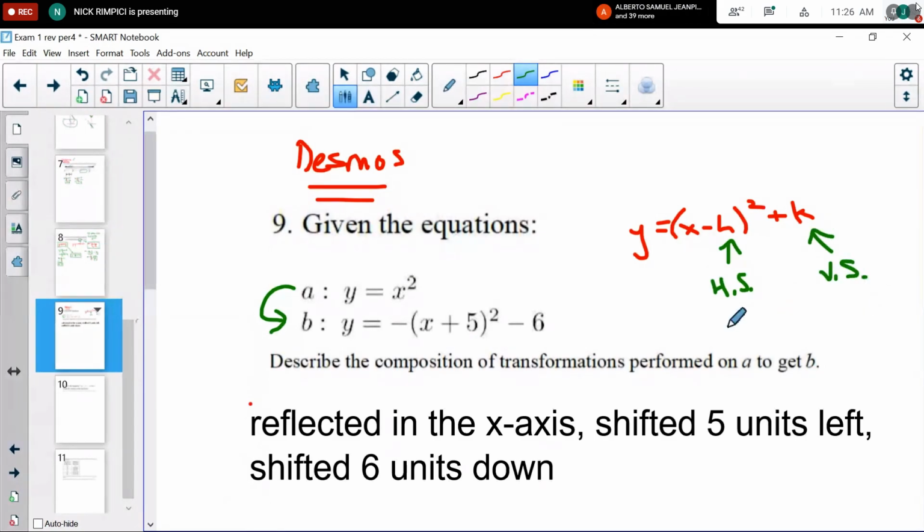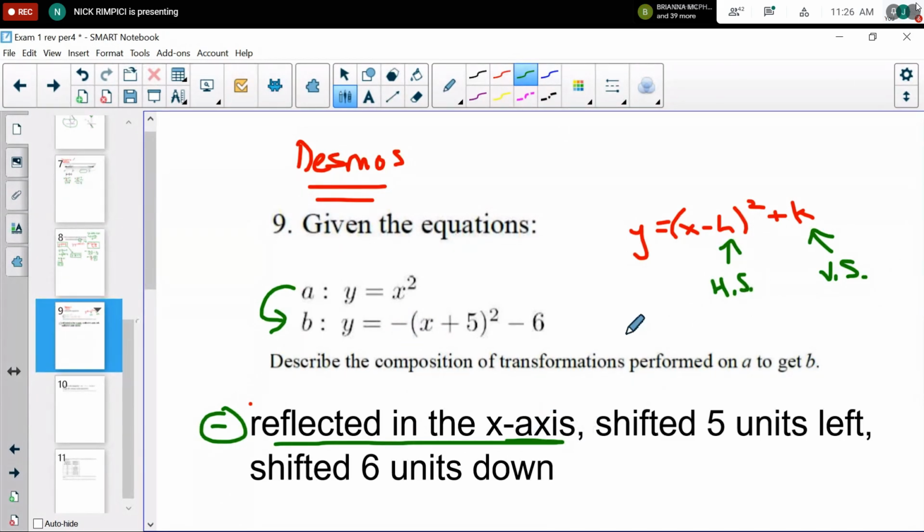So what's happened is, first of all, the negative on the outside causes the reflection in the x-axis. That's the first thing we see.